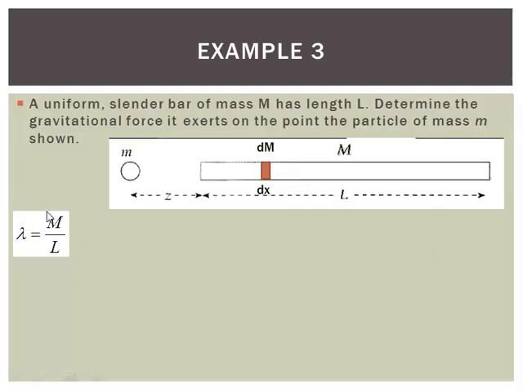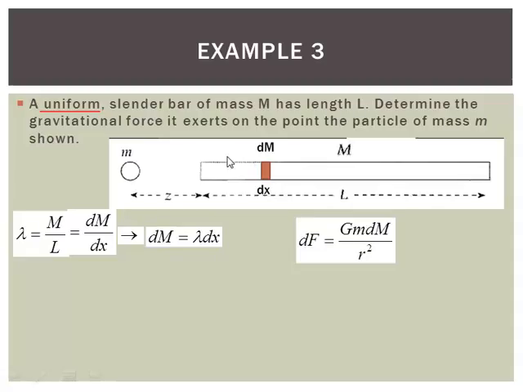We know that it has a linear mass density because it's uniform, and the linear mass density is lambda equals M divided by L. Now I have this little chunk of the bar with a width dx, and that corresponds to a mass of dm. So the linear mass density is also equal to dm over dx. If we solve that for dm, we get dm equals lambda dx.